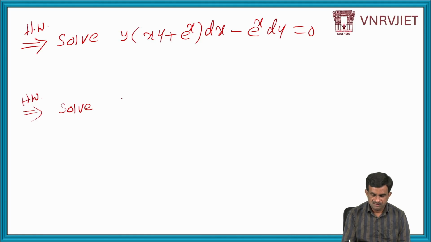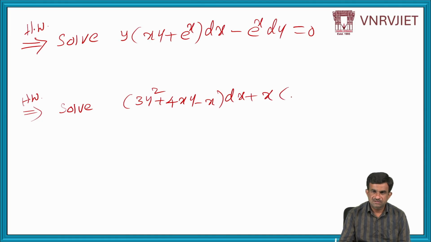Coming to the second one: solve the differential equation (3y square plus 4xy minus x) dx plus x into (x plus 2y) dy equal to 0. These two problems you can try at home.